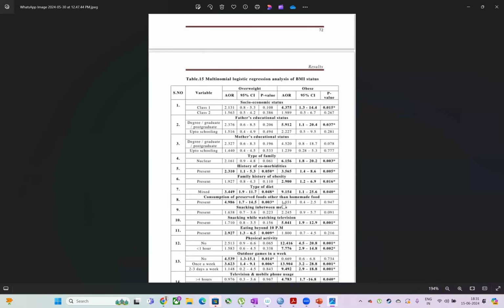Come again, I can't hear you properly. For multinomial logistic regression, is the dependent variable categorical? Yes, in multinomial logistic regression, the dependent variable is categorical. The independent variable can be either continuous or categorical.